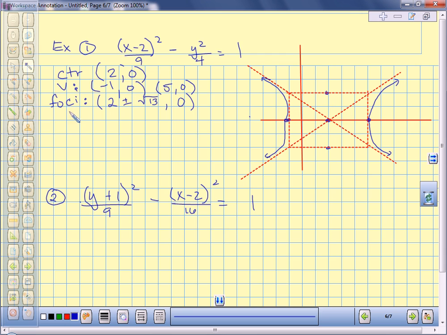Then our asymptotes were those equations: y minus my y value at the center, which is 0, so I don't really need that, equals plus or minus b over a, 2/3, times x minus my x value at the center.